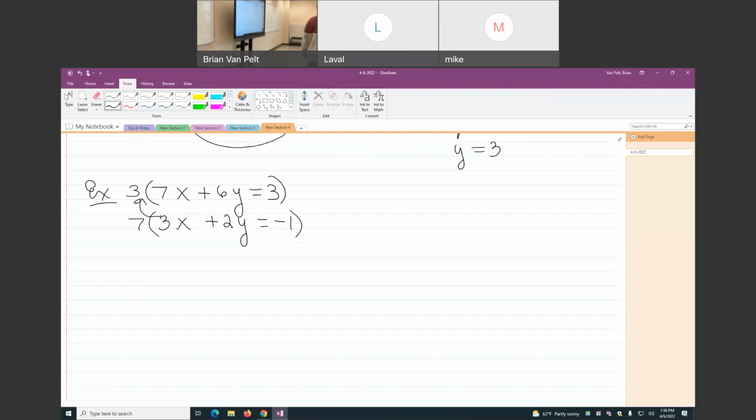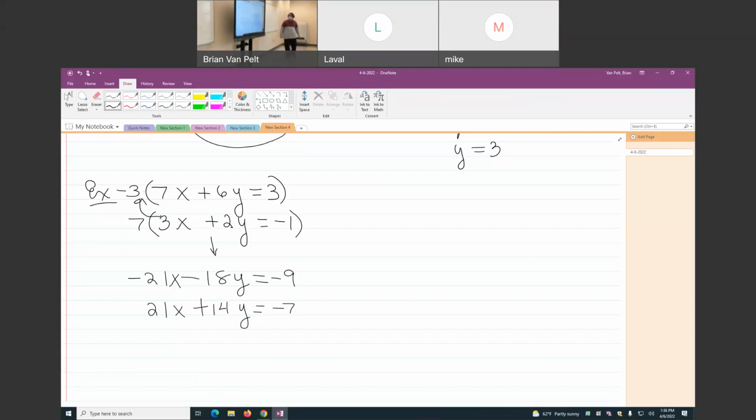Pick one of them to be negative so they go away. I don't care which, either or. I usually pick the bottom one. So this series of equations becomes negative 21x minus 18y equals negative 9, and positive 21x plus 14y equals negative 7.